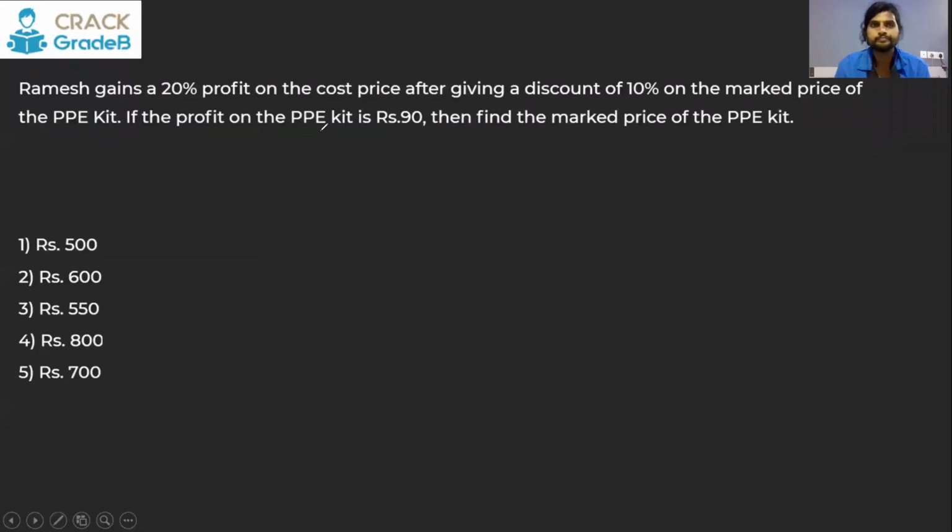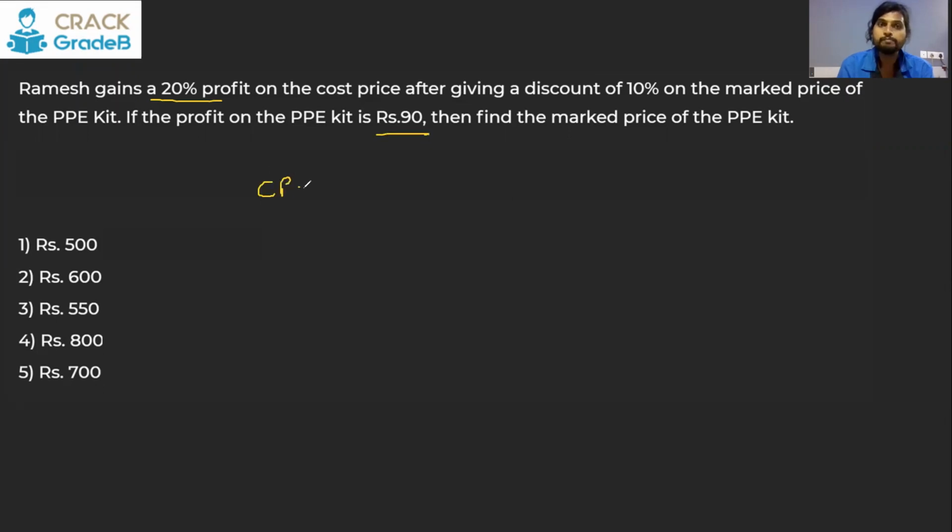Okay, let's see this one. It says Ramesh gained 20% on the cost price after giving a discount of 10% on the mark price of the PP kit. If profit on the PP kit is 90 rupees, find the mark price of the PP kit. So you know already the profit percent is 20% and the profit is 90 rupees.